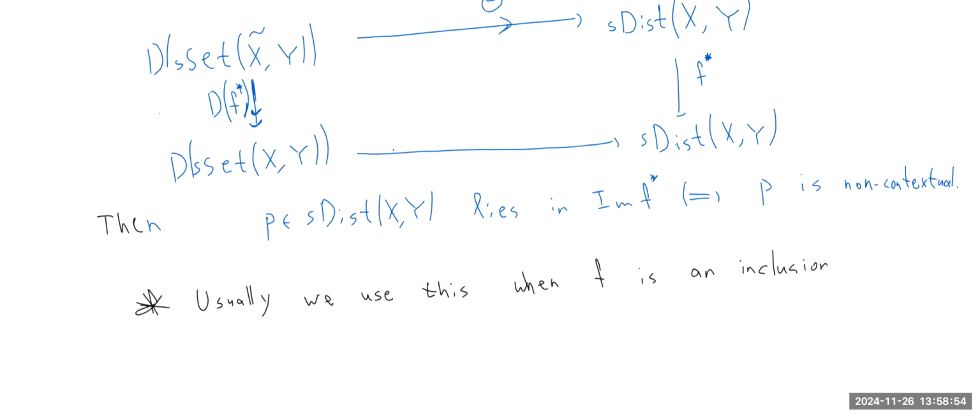What we have is the map from X to X tilde, because sometimes we can include some space in some bigger space, which is classical.